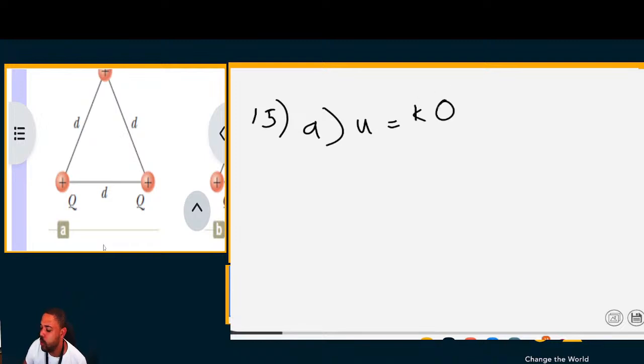It's q for all of them, so it's going to be q squared over the distance between the top one and the bottom one on the left, and the distance is d.